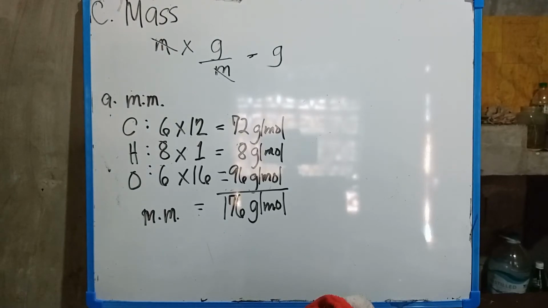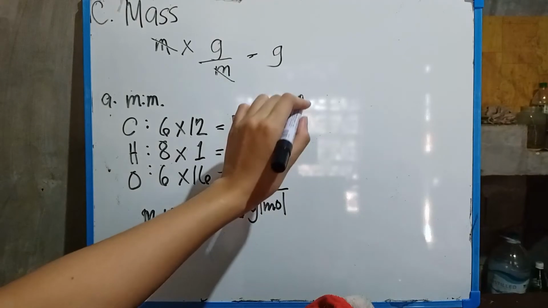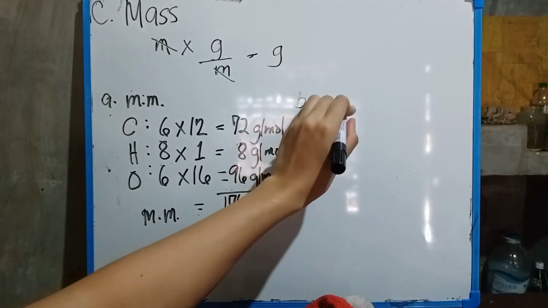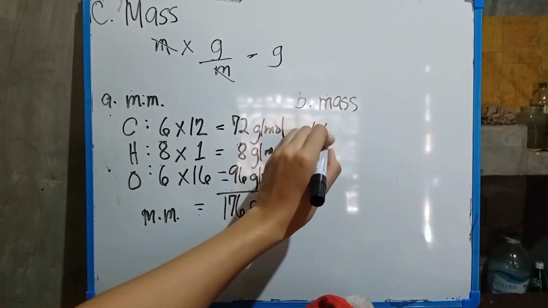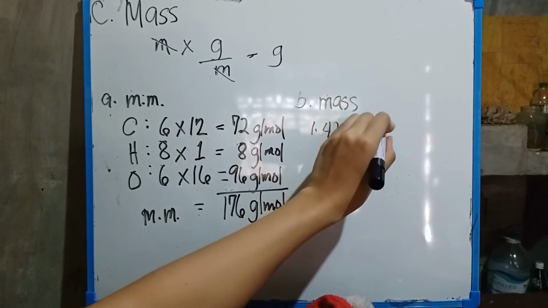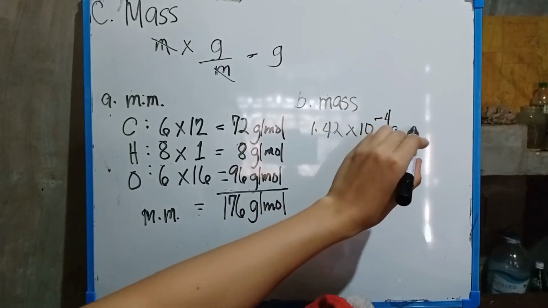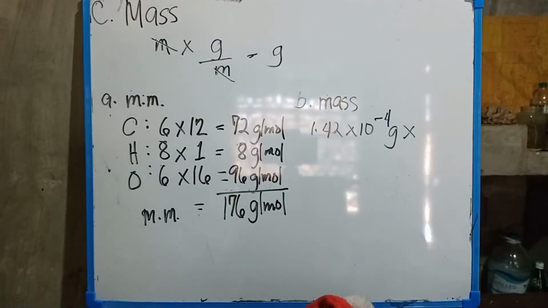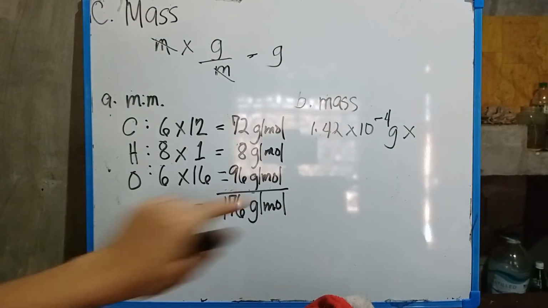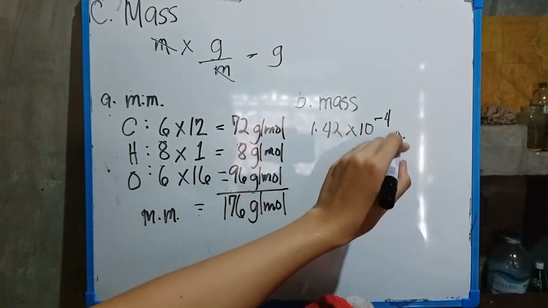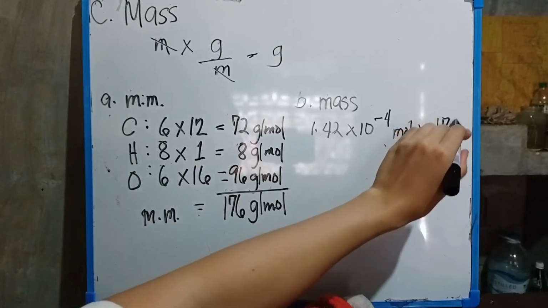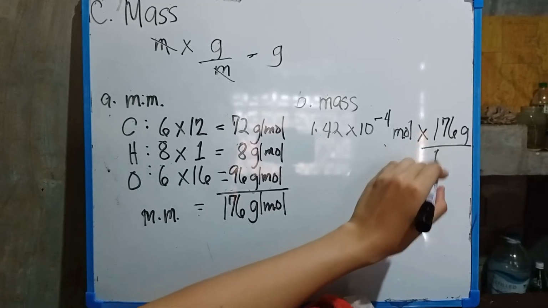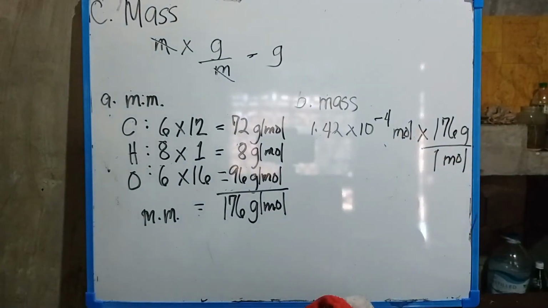Since we have our molar mass, we can now solve for our mass. Our given is 1.42 times 10 raised to negative 4 mole, multiplied by 176 grams over 1 mole. Here we can now cancel out our mole.